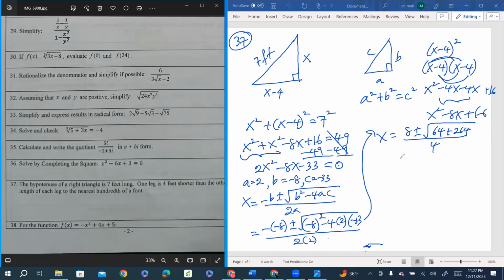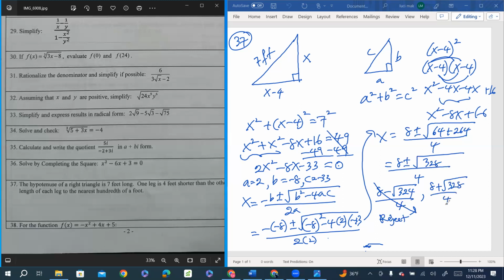So we're going to get 8 plus or minus square root of 264 plus 64. That's square root of 328 divided by 4. So we have two answers. One is 8 minus square root of 328 over 4. This will give us a negative, so reject this one. Or the other one is 8 plus square root of 328 divided by 4.